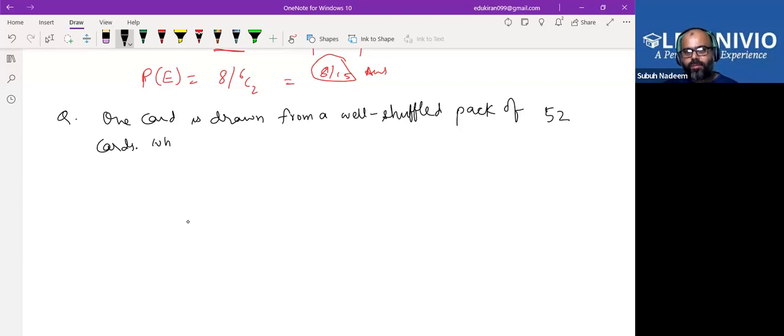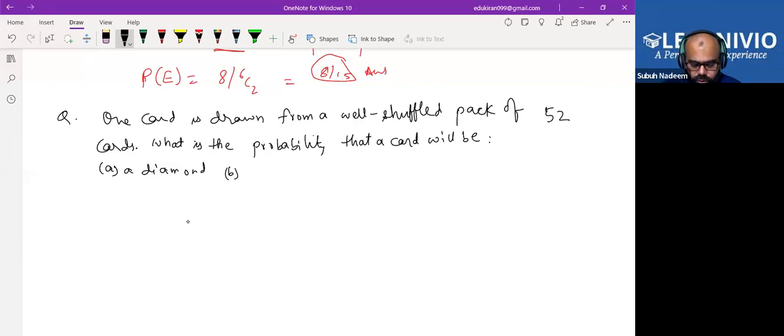What is the probability that a card will be: first part of the question, a diamond.